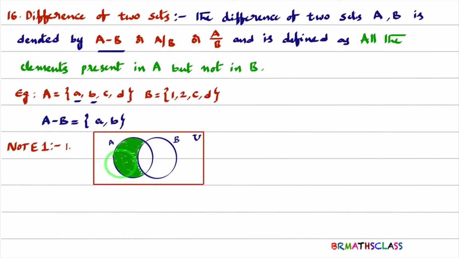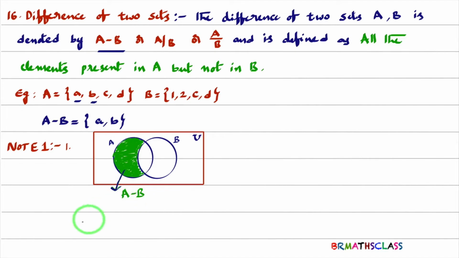So you observe here this shaded region. What is this shaded region? This shaded region is A but not B. So what is A minus B? All the elements present in A but not in B.